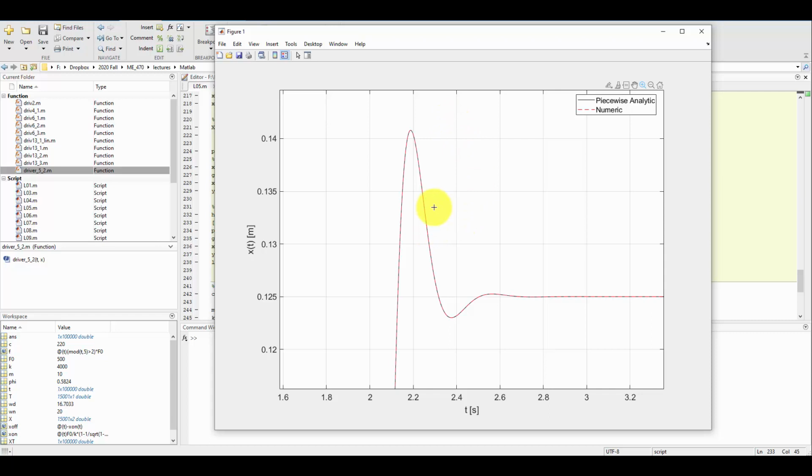A root mean squared error comparison wouldn't really help here to shed light on how close they are, because root mean squared error, the way we've been doing it, is really for looking for convergence. Does that root mean squared error approach some constant value, in which case we can say, all right, adding more terms doesn't make this any better. But we can't really do that here because the analytic solution was that exact solution.